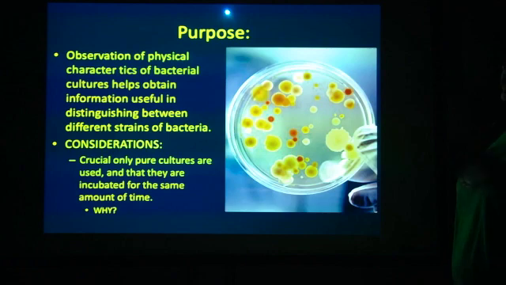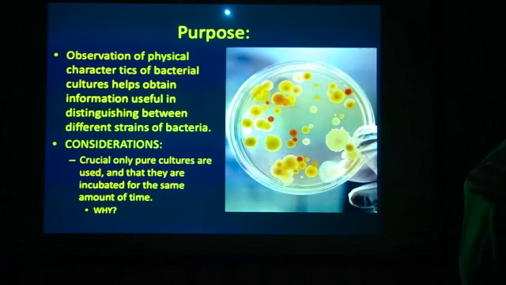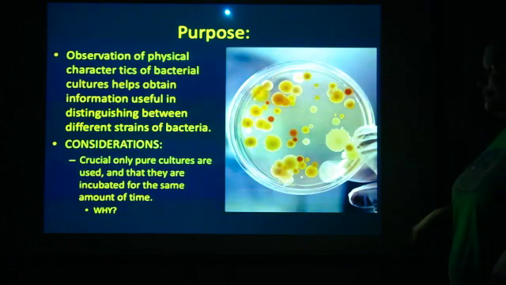Observation of physical characteristics of bacterial cultures helps to obtain information useful in distinguishing between different strains of bacteria. If I were to look at this, just plain Jane look at it, I would say that there are probably at least 5 different types of bacteria on here. Why do I say that?